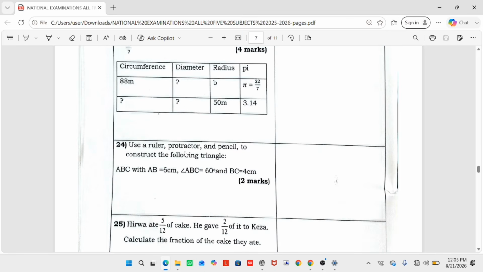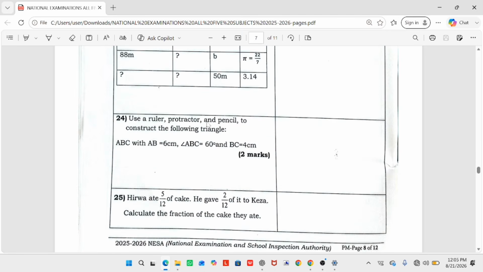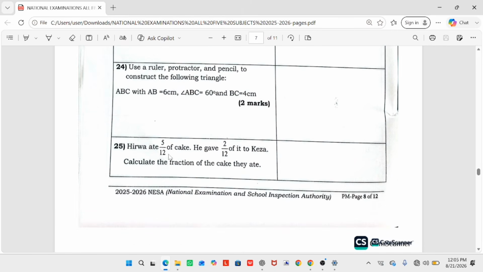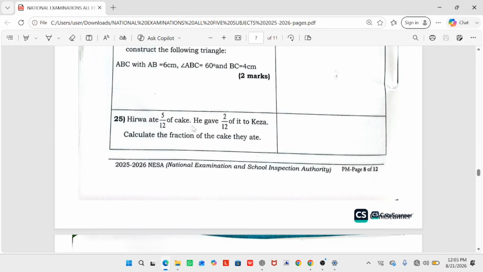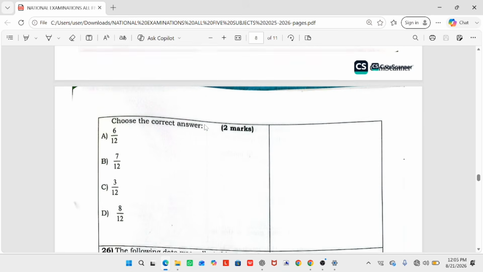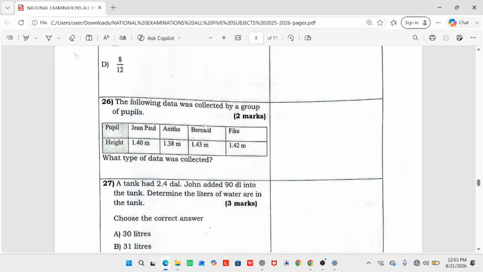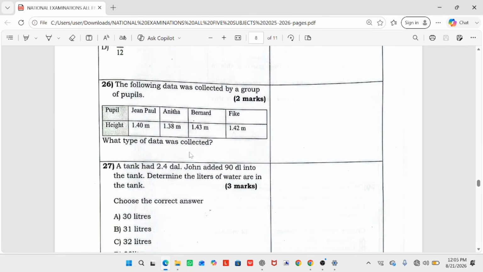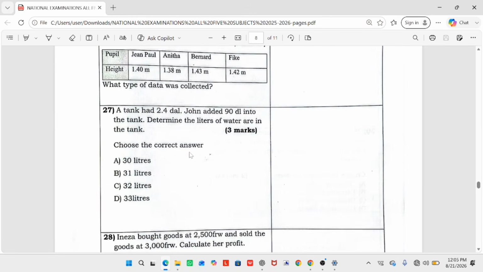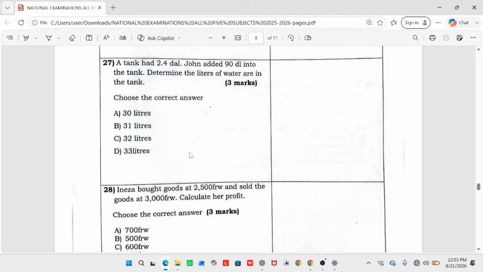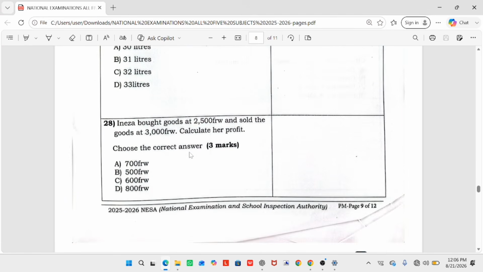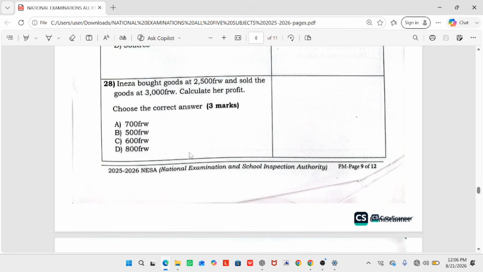Then construct using pencil, ruler, and protractor, the fractions. Question number 25. Find the type of data being collected. This is question number 27. Question number 28.